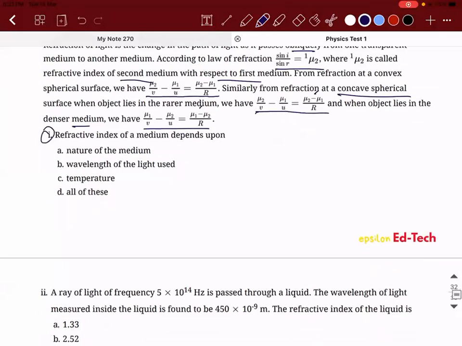So the question is, the refractive index of a medium, what are all the parameters on which it depends? It depends on the nature of the medium. It depends on the wavelength of the light used. It depends on the temperature. Which one is right?